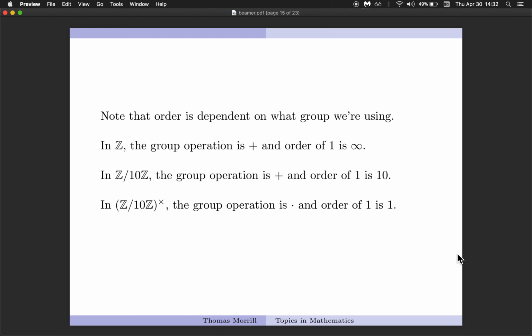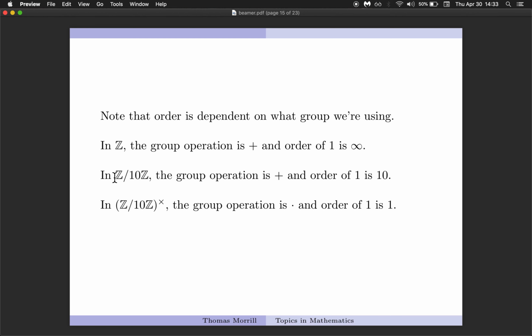So let me think about the element 1, just the regular old integer 1. The integers are a group under addition, and 1 has infinite order. No finite number of copies of the integer 1 gives me 0.